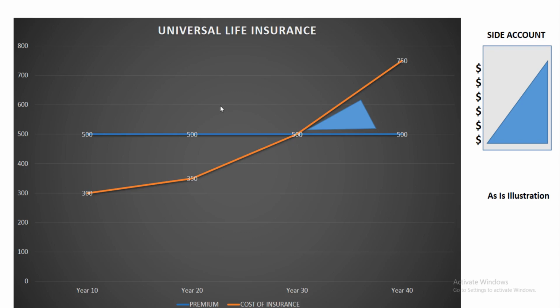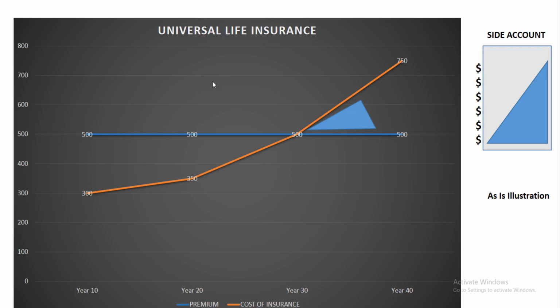So that's just the simple explanation of what universal insurance is. The payment is divided into two parts: the cost of the actual insurance for the death benefit, and the cash value that will be going into a side account.